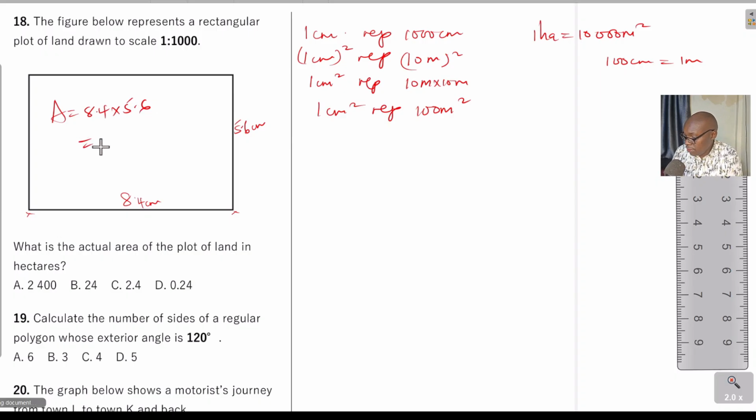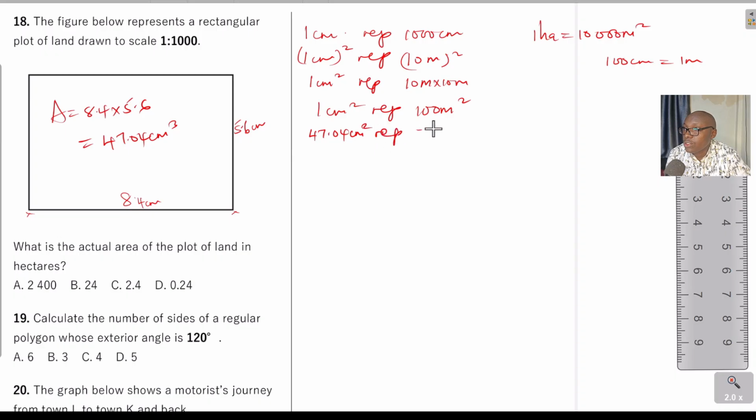So what about the area of this rectangle, which is 8.4 times 5.6? This will give 47.04. Again, these are not the answers you are likely to get, because you may have different measurements from what I have. This is in centimeters squared. So that is the area. If 1 centimeter squared represents 100 meters squared, what about 47.04 centimeters squared?